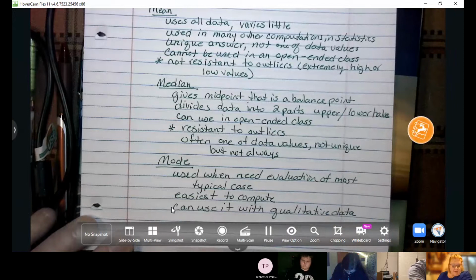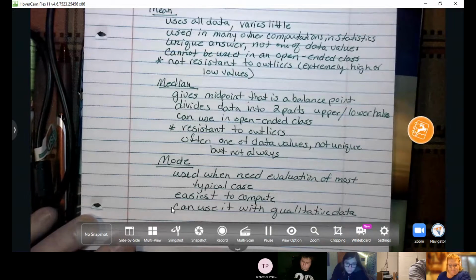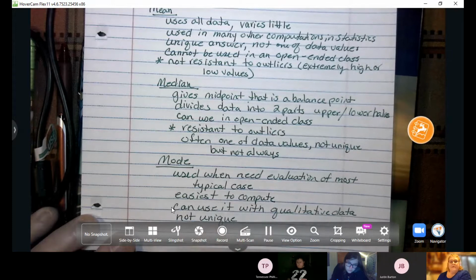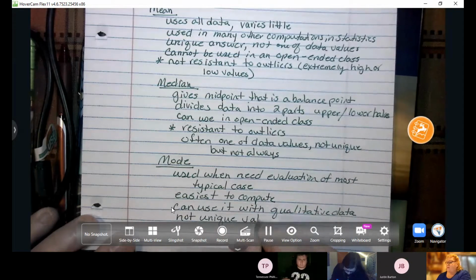The others you can't really use with qualitative data. It is not a unique value because it's going to be one of the data.